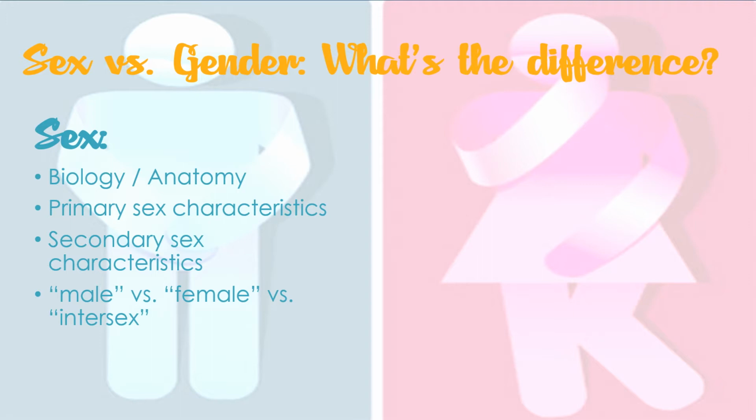The intersex community actually experienced a lot of discrimination from the medical industry for the vast majority of history in the United States, where they would decide what sex to turn the newborn baby into based on the size of the clitoris or penis.